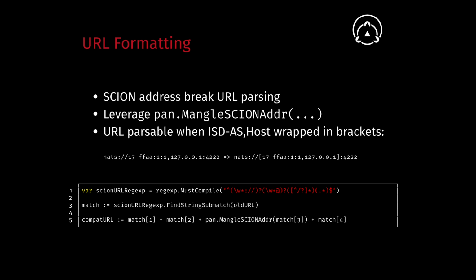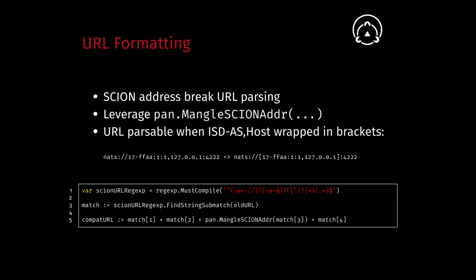On the left side, I have a NATS URL with a SCION address in the URL, and it's not compatible with normal URL parsing. And on the right, it is. You can see the difference is really only those angle brackets around the ISD, the AS, and the host part of the address.